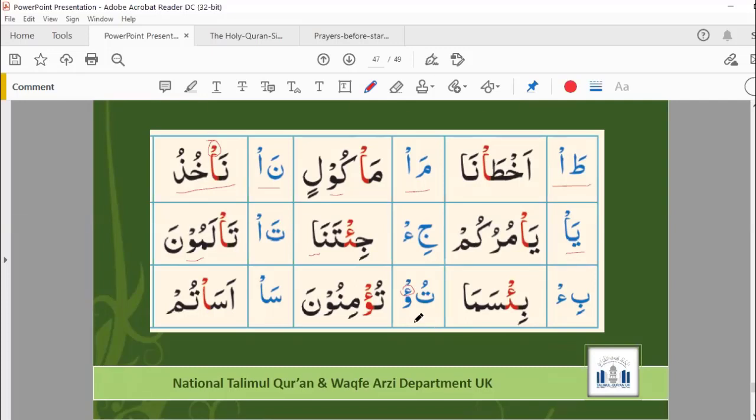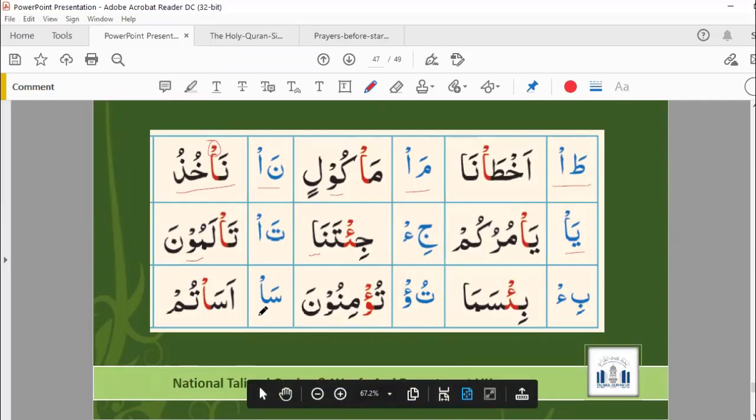How will you read it? Tu. MashaAllah. Thank you very much. And if hamza is there? Tu. Yes. MashaAllah. Tu minuna. Asatum. MashaAllah. Thank you very much.